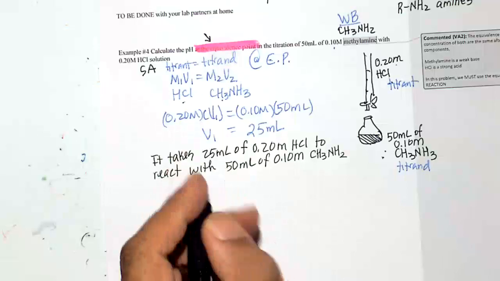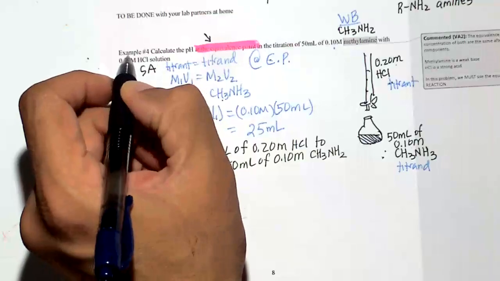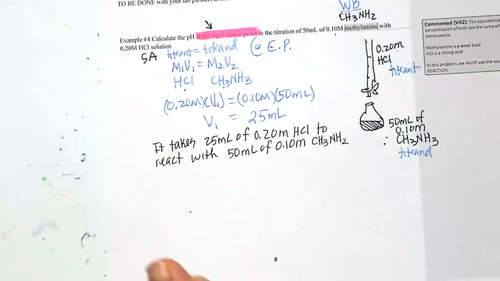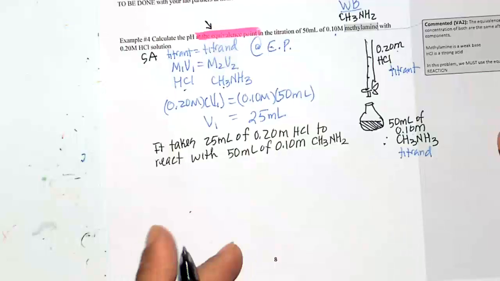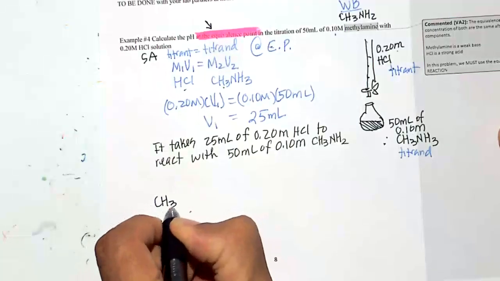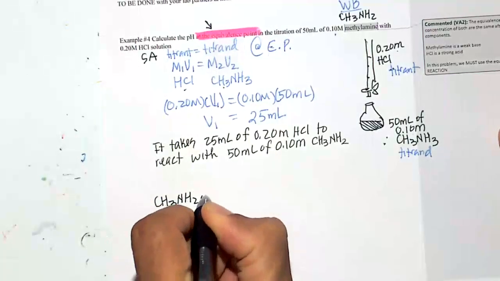All right, so now let's write our equation. This is a strong acid, as Alice had mentioned, so there are 2 ways I could write this. I'm going to write it this way. I have my methylamine here.